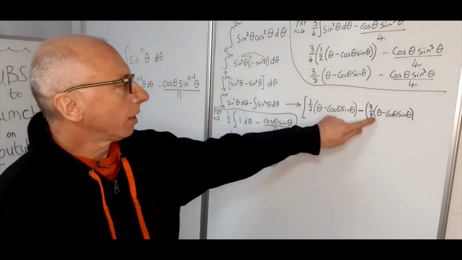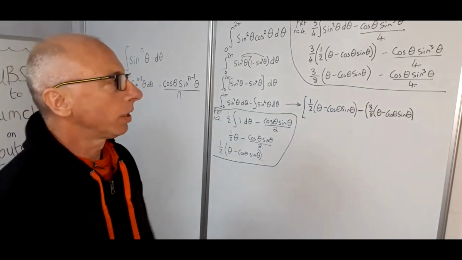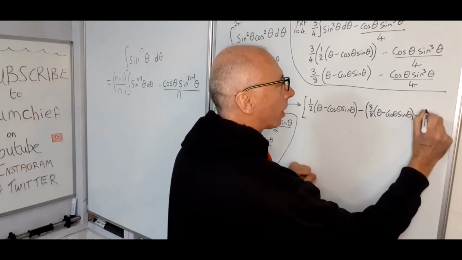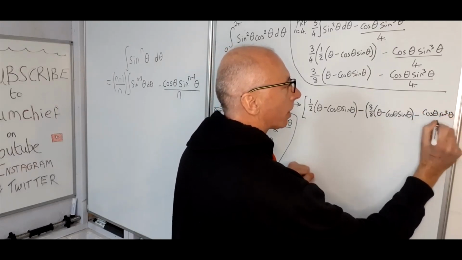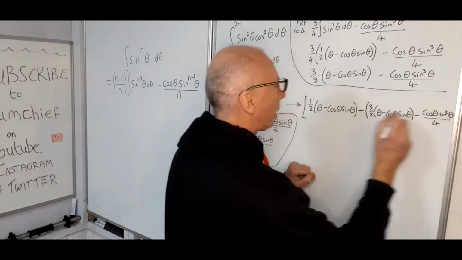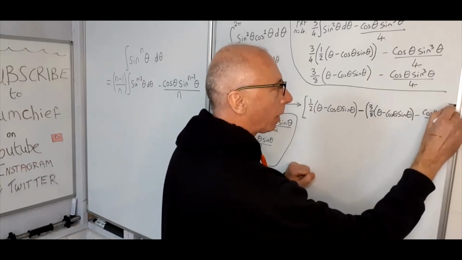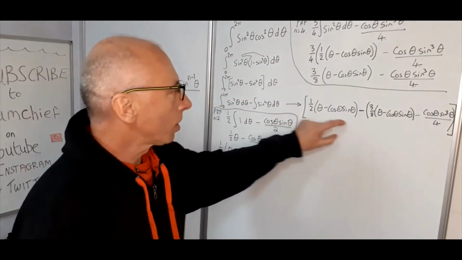So that keeps that as it's intended, and now we need to subtract this one, but still inside this bracket. So that's minus cosine theta sine cubed theta over 4. And now we can close this bracket, and then the big bracket, I only just fitted that in there, but we can see what's going on.